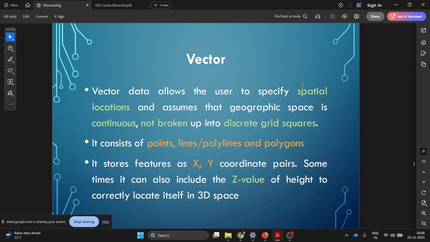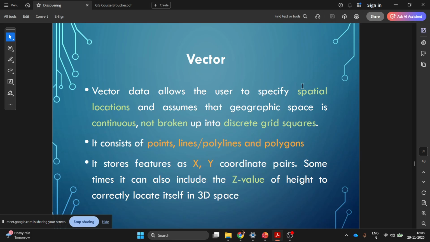I was referring to vector as having both magnitude and direction. Similarly, these lines and polygons will also have magnitude and direction. That is why it is called vector data. It stores features such as x and y coordinate pairs, and sometimes it can also include z values of height to correctly locate itself in 3D space.